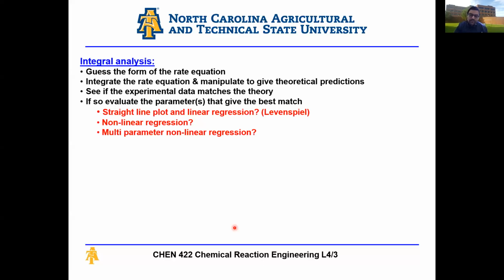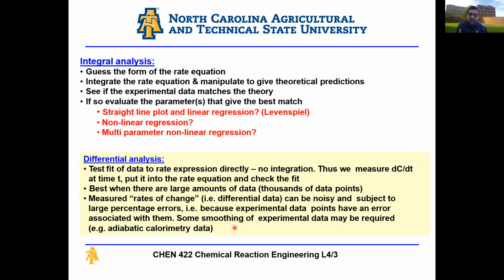The other form is called differential analysis. In differential analysis, I'm just trying to compare my data to my dC by dt expression. So this will involve me calculating the slopes, because dC is the change of concentration and dt the change of time. Basically, I'm trying to match the slope of my experimental data to this rate expression, which is dC by dt.